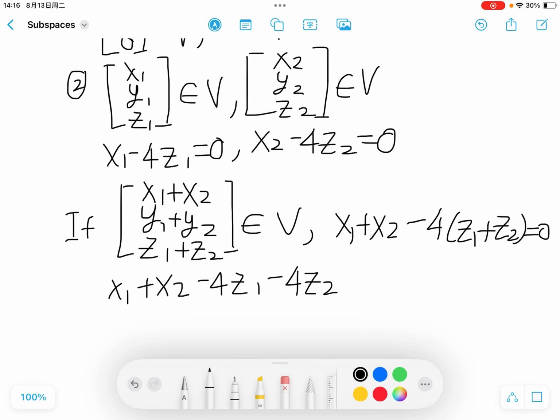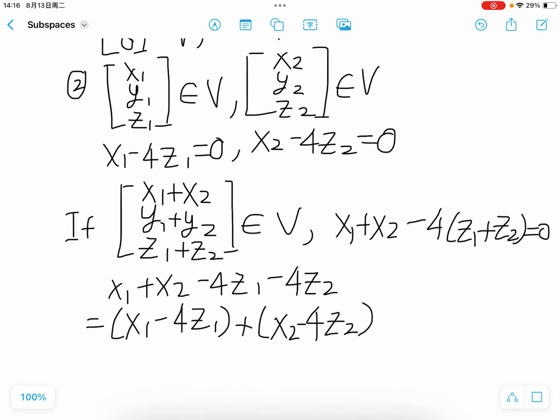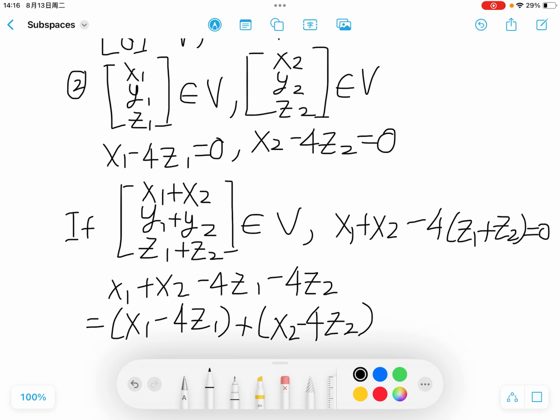So let's evaluate this. We know that x1 minus 4z1 is equal to 0, as I've stated above, because the two vectors are part of the subset, and x2 minus 4z2 is also 0. So this means that we have 0 plus 0, which is essentially 0.